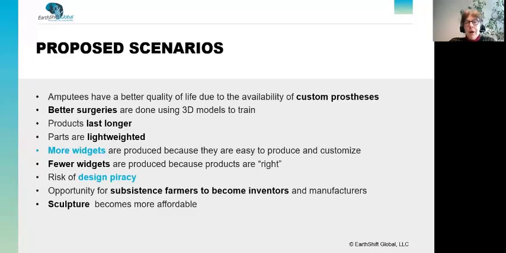And then what about if sculpture became more affordable? What happens when sculpture is more affordable? Does that mean we can have more artists? Does that mean we can have more art? What does art do? Well, art makes us happy, and art makes us less stressful. And if we're not stressed, we have better health. So it all comes around.